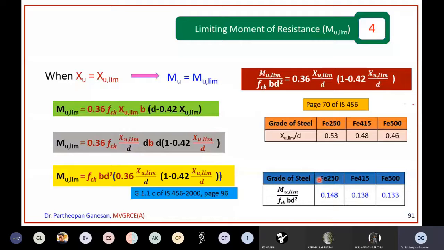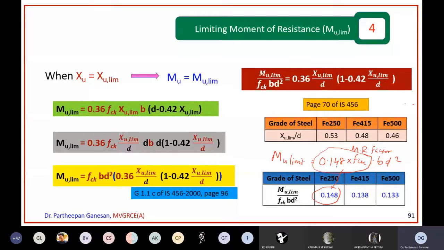Okay. Now, sometimes this MU limit is written like this. MU limit is equal to 0.148 into FCK into BD square. For example, I am taking this particular case. This 0.148 into FCK is termed as the moment of resistance factor.